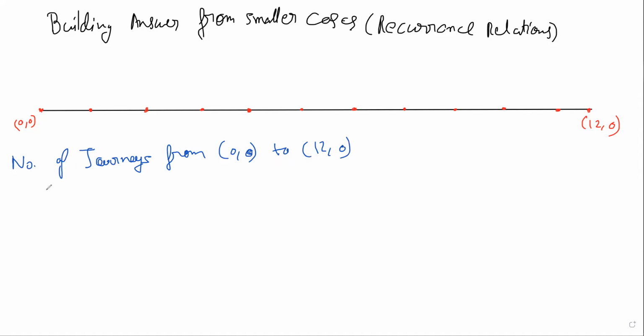Such that each step is either, now I could put this in a more colorful way also. A bus always takes 2 steps, or you can walk, you always walk 1 step, something like that.